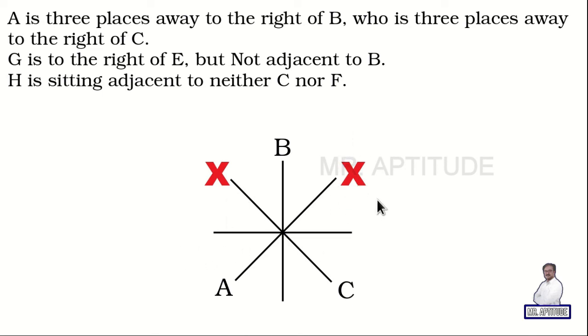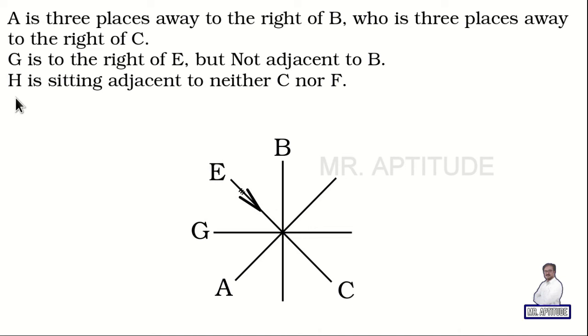So exactly one between these two should be G. And we know that G is to the right of E. So the arrangement will be done this way. Assume that it's you and assume that you are facing towards center of the table. What will be your right now? This is your right. So G is to the right of E.